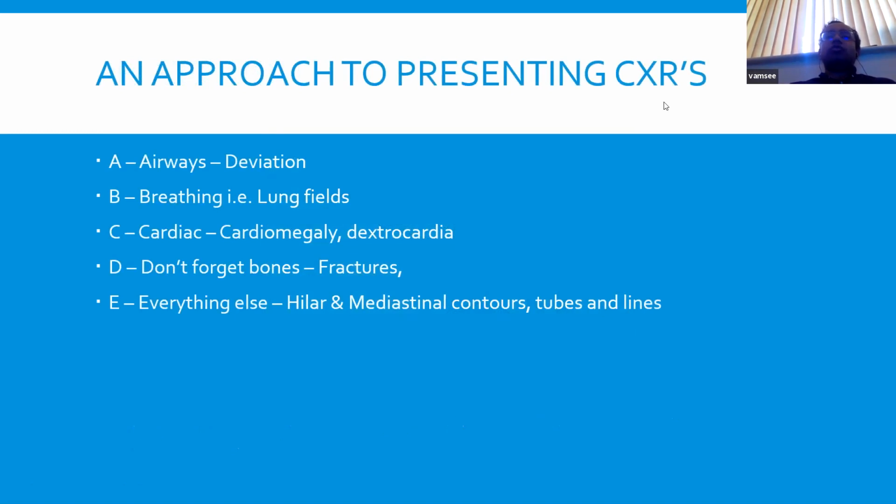Now, I'm just going to go through what I use as my basic approach to presenting chest X-rays. This doesn't mean that you have to follow it. Everyone does things slightly differently. So whatever helps you remember, as long as you look through all the important sections that can be visualized on a chest X-ray, everything is perfectly fine in that sense.